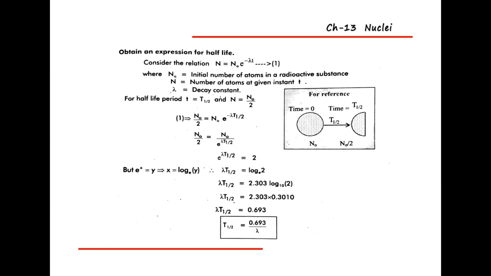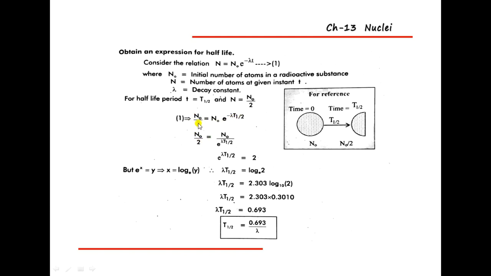For the half-life period we take equation number 1, with N as N naught by 2 and t as t half. Therefore, equation 1 becomes N naught by 2 is equal to N naught e raised to minus lambda t half.